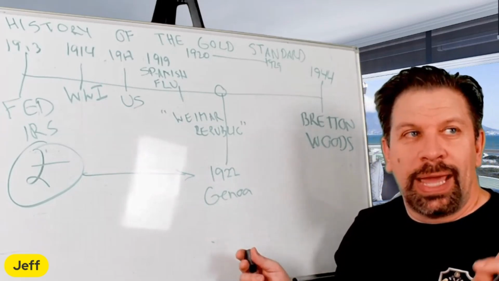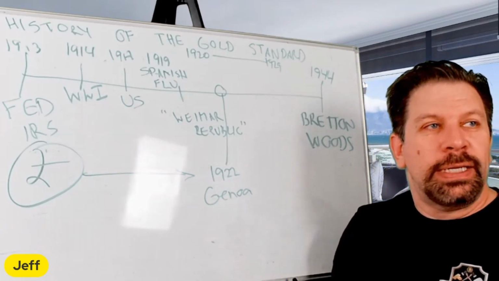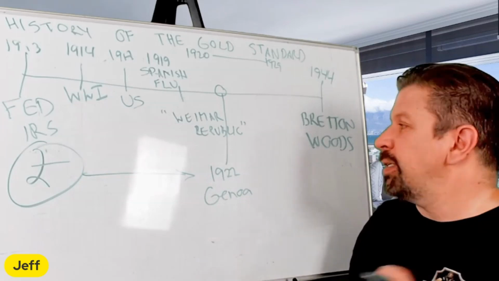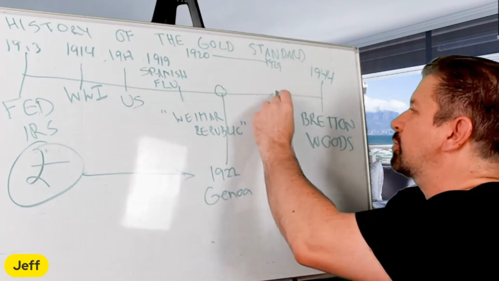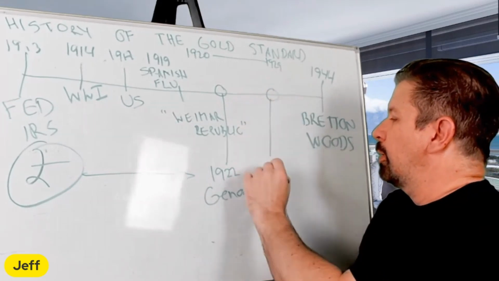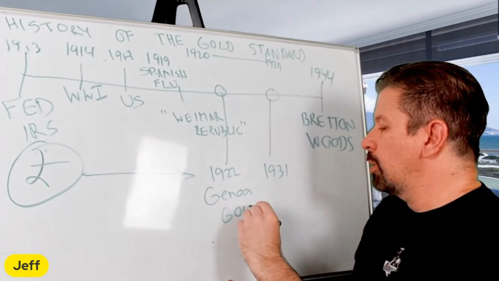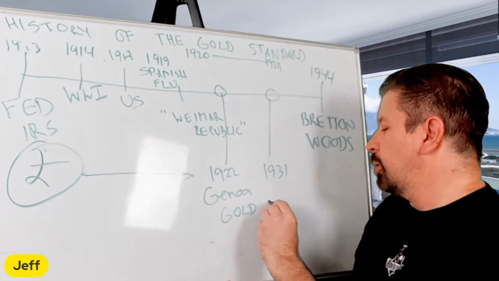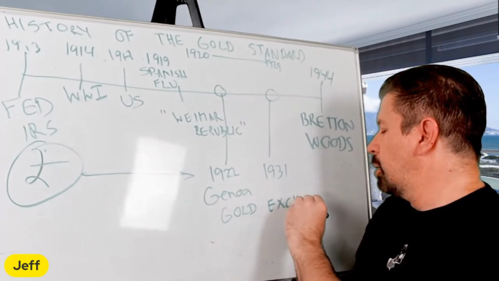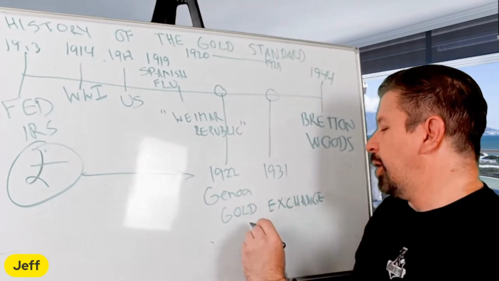So that's what they did, and that lasted from 1922 until 1931. So that's going to be right here, 1931. And that is the gold exchange standard.